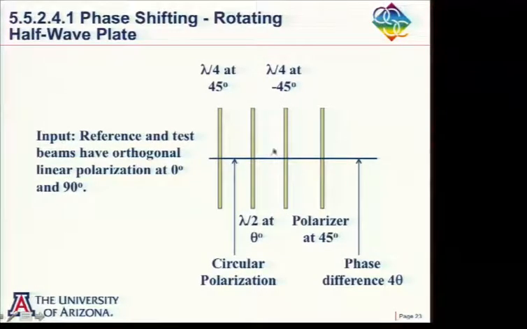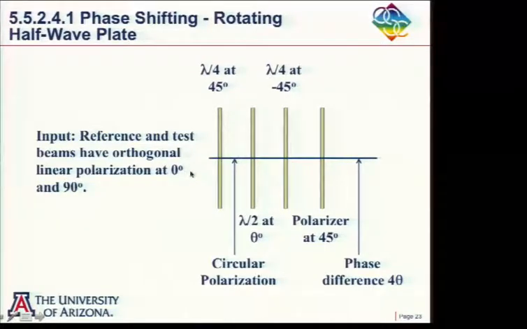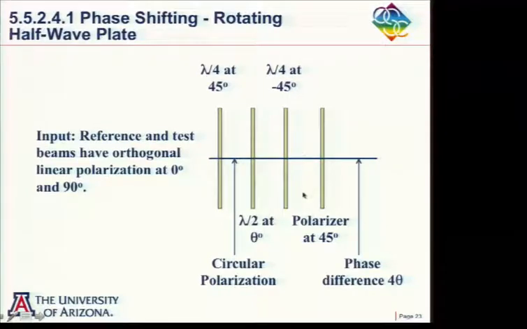So we still have right-handed and left-handed circular here. Then we'll put these through another quarter wave plate, and that's going to take these left-handed, right-handed circular and produce linear. Just like here we had two linear polarizations, here we're going to have two linear polarizations at orthogonal directions to one another. And so we won't see any interference. So we put in a polarizer here at 45 degrees, and we will see interference.